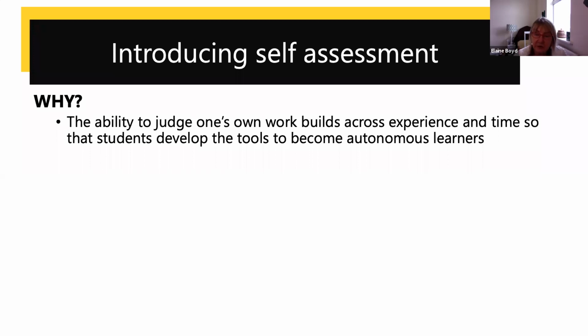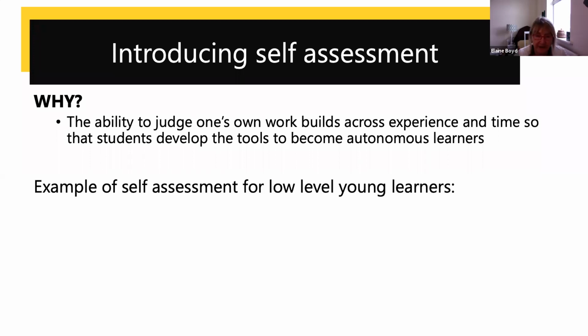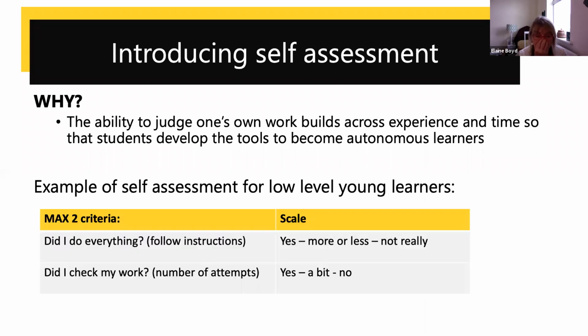So let's have a look at a possible example for how this might work. And I'm going to do this with tables for you. So here's an example of self-assessment for very low-level young learners. And again, you may want to do this assessment in their first language because it's the writing in English that's important, and then understanding the assessment. Now, first of all, I would say you want a maximum of 2 criteria.